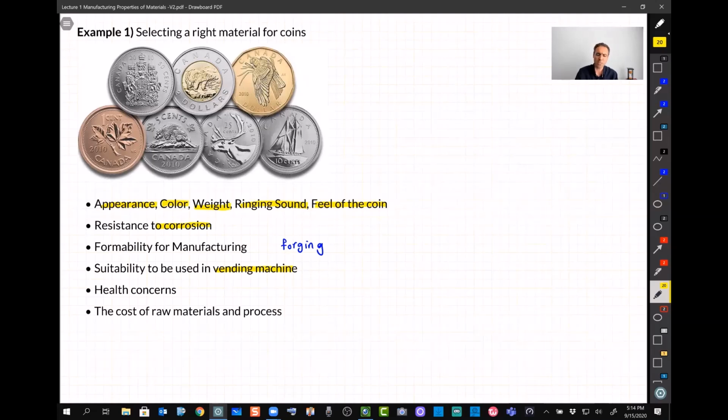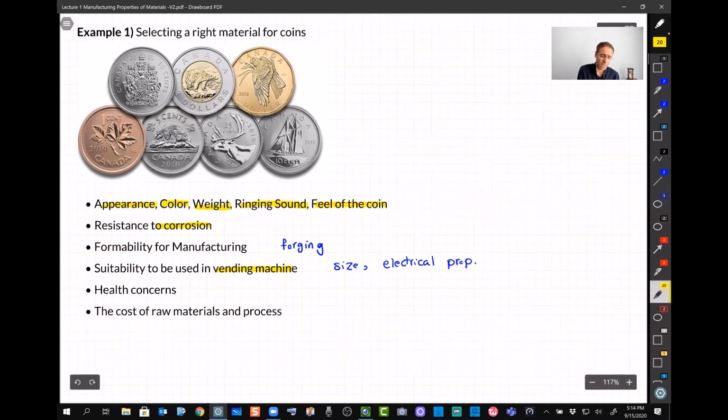A vending machine, basically, when you put a coin there, measures its geometry, like the size of the coin, diameter and thickness, and also it measures the electrical properties, for example, its resistance. So you need to then pick a metal, not a plastic, so they can measure its electrical property and so on.